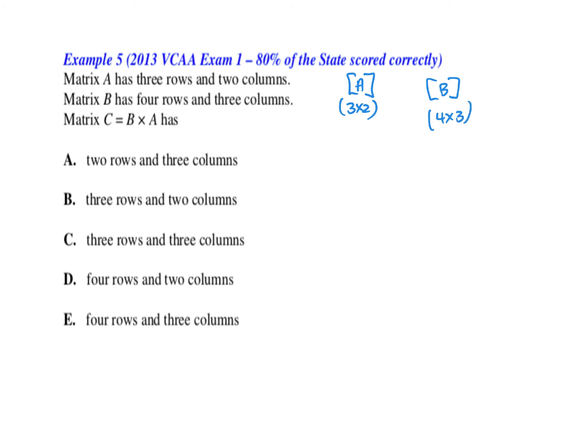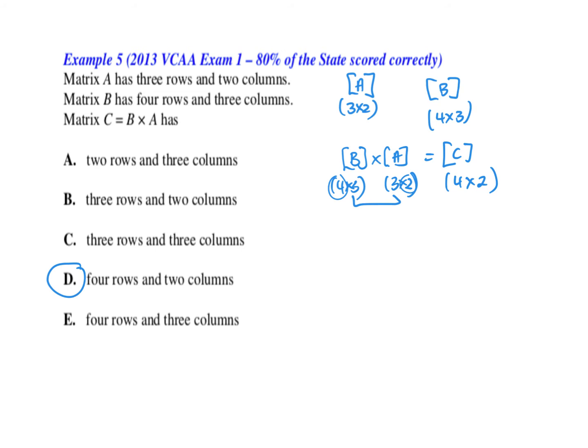Matrix C equals B times A, so if you're going to multiply B by A, we're going to see a 4 by 3 multiplied with a 3 by 2. And what would C's order be? A 4 by 2. So it would be 4 rows and 2 columns, which is D.